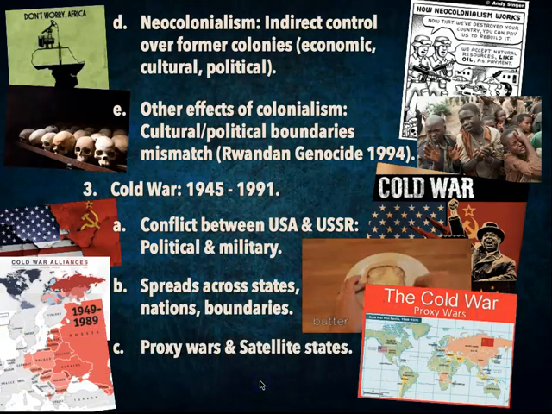As close as shooting wars come during the Cold War, it's going to be what we call proxy wars, all right? And proxy wars are shooting wars where the United States might support one country and the Soviet Union might support another country, and then these two countries go to war with each other. Okay, one of the earliest examples of a proxy war is the Korean War that happens from 1950 to 1953.